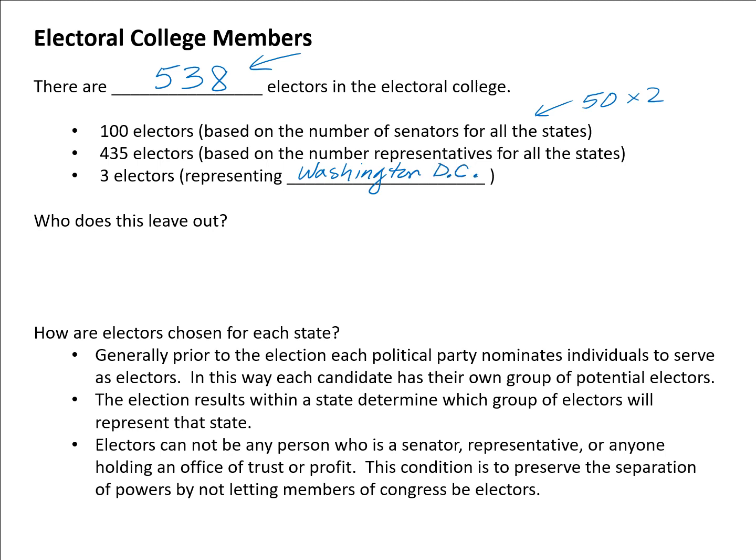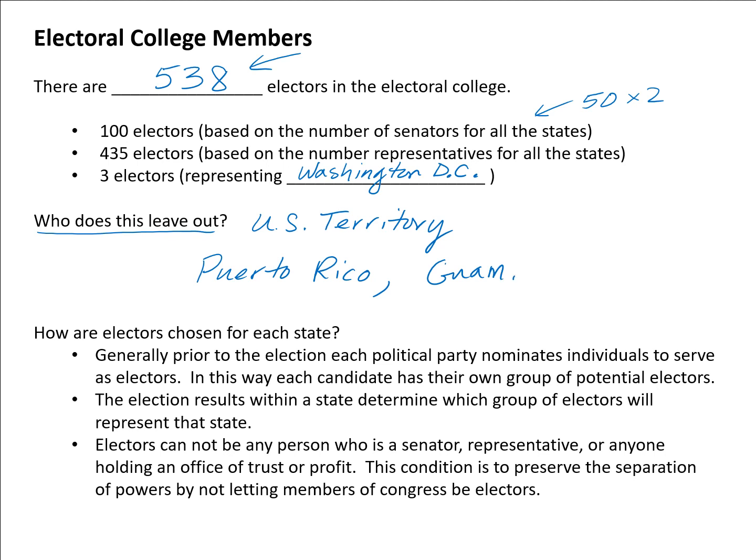Okay, now who does this leave out? Anyone who is voting from a U.S. territory. U.S. territories include Puerto Rico, Guam, the U.S. Virgin Islands, and there are a few others. But anyone voting for president in any U.S. territory, so not in a state, not in Washington, D.C., these people vote, but they actually don't get represented in the Electoral College.